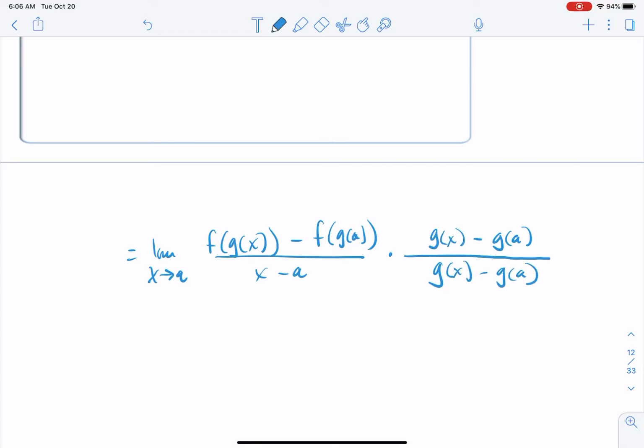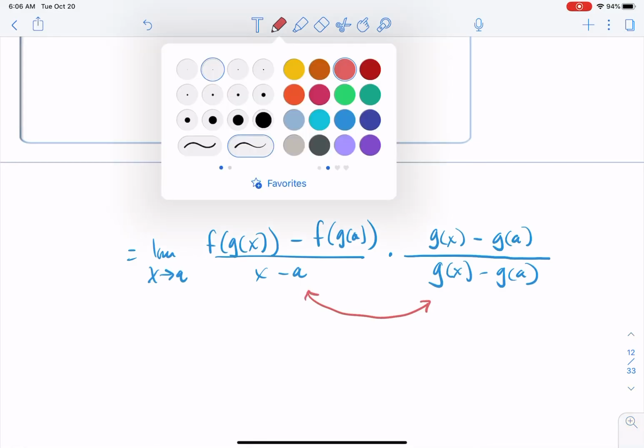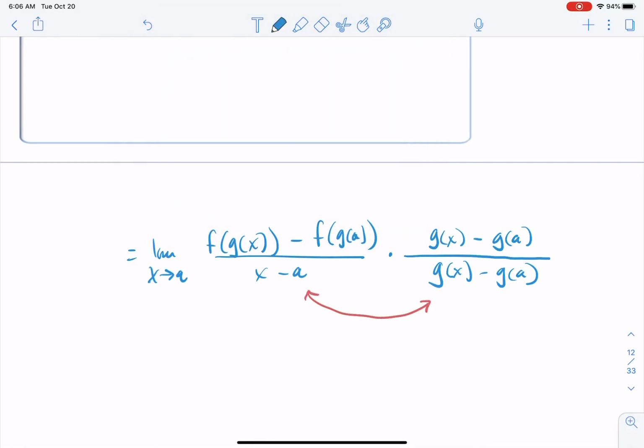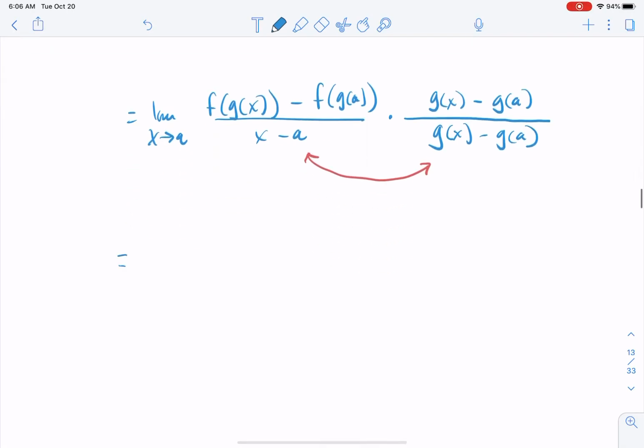Now I'm going to switch the denominators out, and when I do, it puts a smile on this limit for sure.